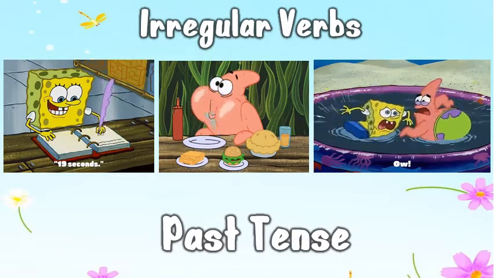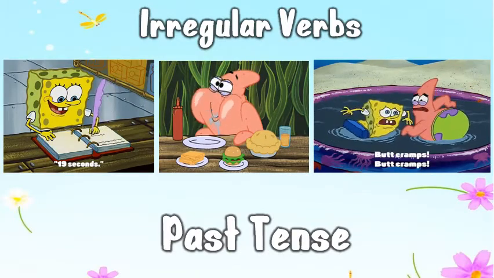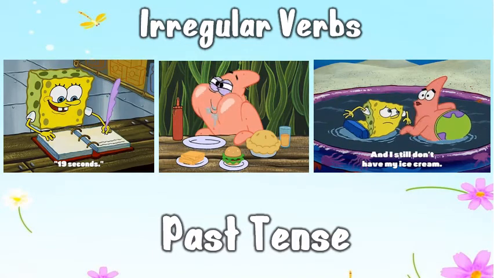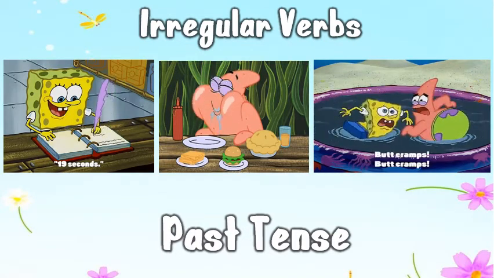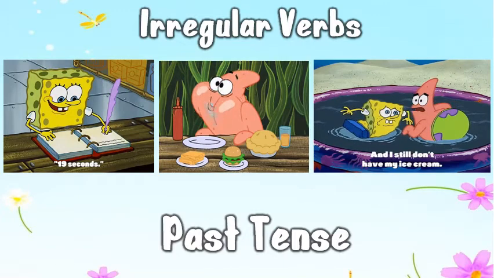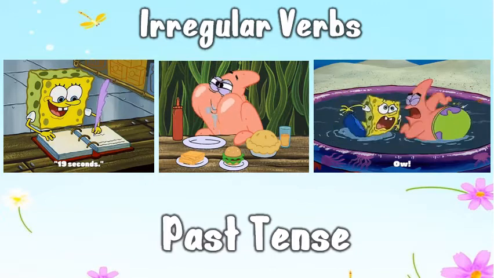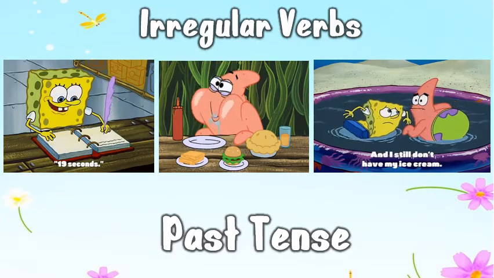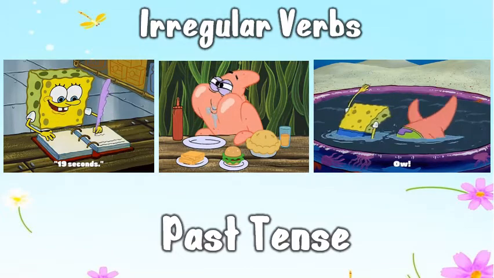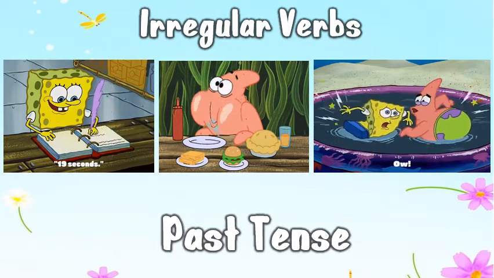Some verbs are formed into past tense by changing the spelling. However, there are verbs whose past tense are the same as their base forms. They are called irregular verbs. These are verbs that do not follow the regular pattern of adding d or ed at the end.